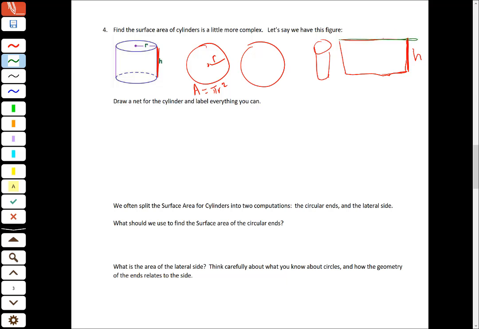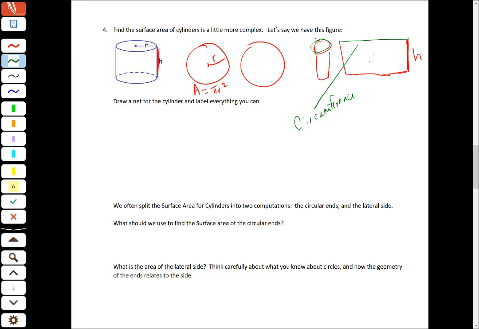But the width of this is also the piece that gets wrapped around here. So this is related to circumference. So I'll let y'all think about that. Those are connected quantities.